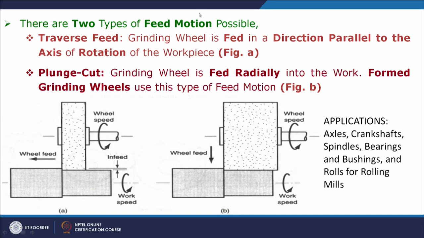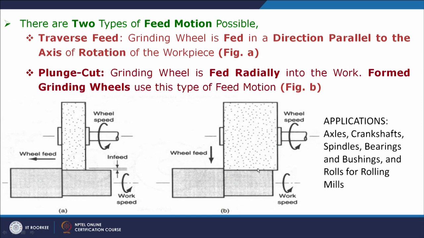As I have just explained, there are two types of motions which can be given as per the length of the workpiece as well as the width of the grinding wheel. This is the case when the length of the workpiece to be processed is bigger than the width of the grinding wheel, then we need transverse feed. The transverse feed is given in the direction parallel to the axis of rotation of the workpiece.